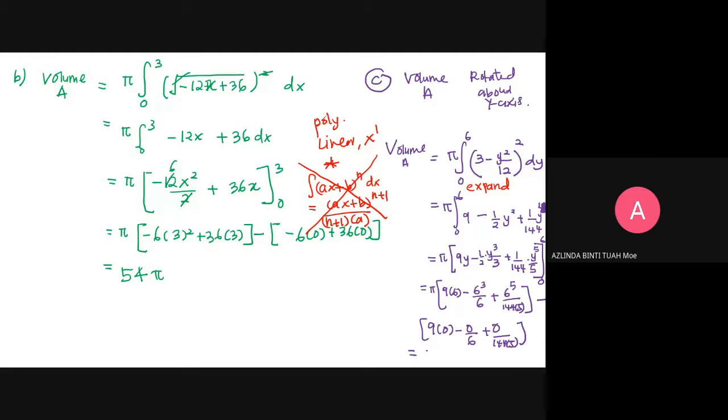Just calculate the answer for when y equals to 6 only. 144/5 pi. In terms of decimal? In decimal number? 48.